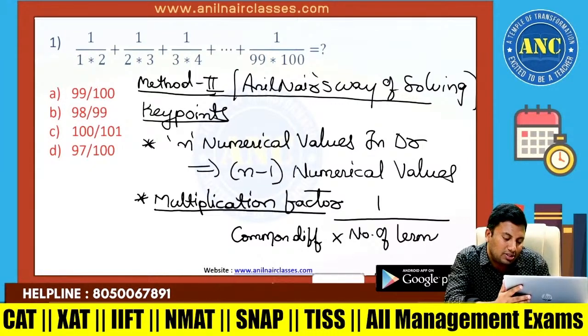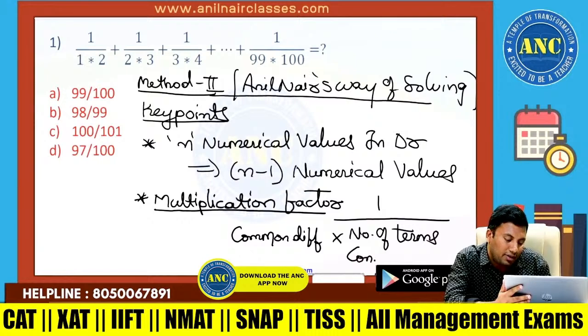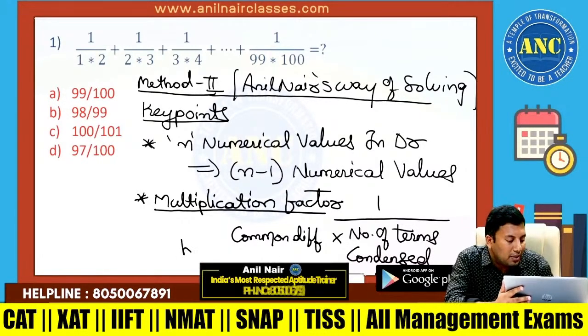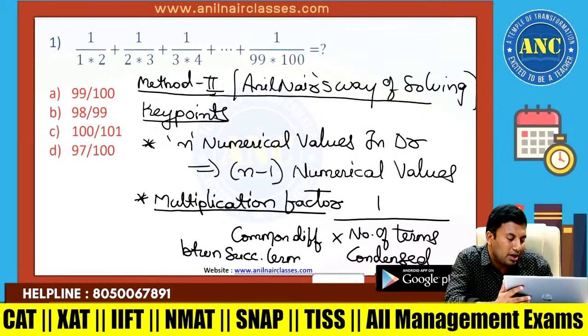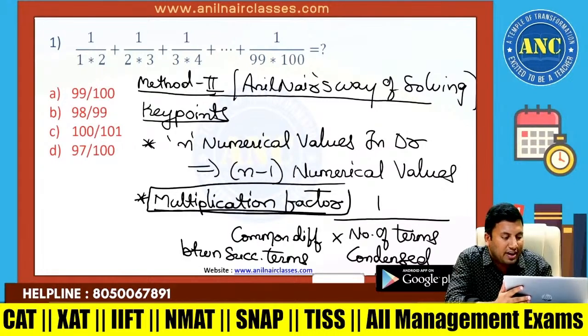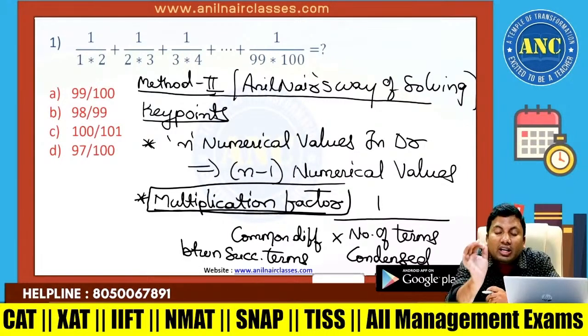I will explain this in this problem. The number of terms condensed, and the common difference between successive terms. This is the multiplication factor. There are only two important key points while solving these series based problems.